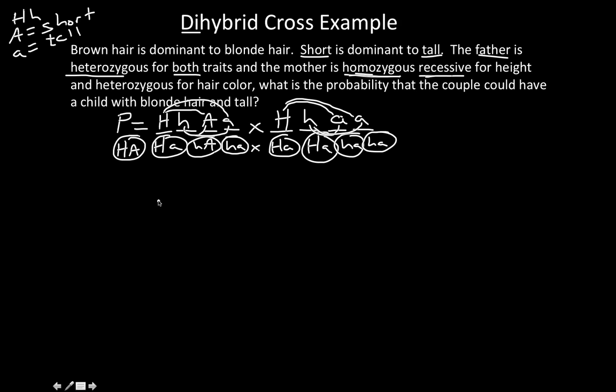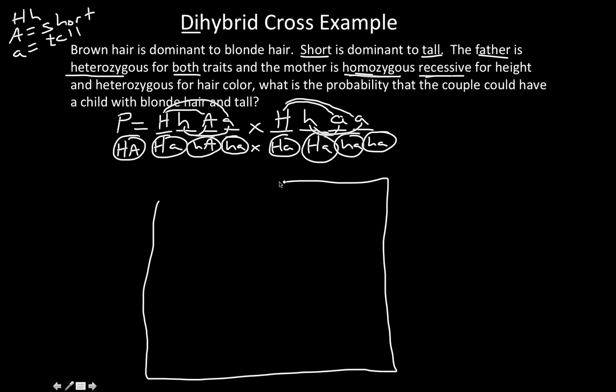It's time to do step 3, which is do all of the outside of the Punnett square. We put our gametes from the first parent along the top, like so, and then we'll put all of the gametes from the second parent along the side.